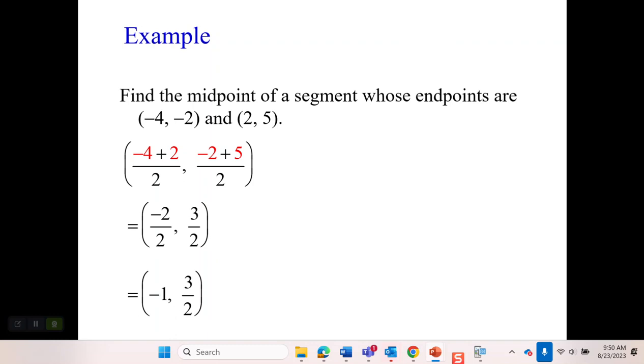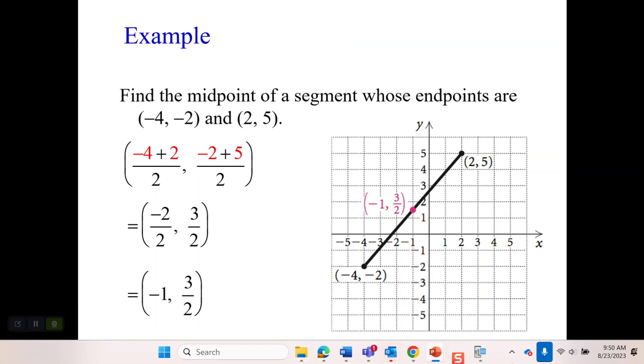Okay. All right, so sometimes people ask why we need to find a distance and why we need to find a midpoint. If you look at this one right here, this is -2, -4, and -2, which is in Q3, the third quadrant, okay? And this one, both x and y are positive, so it's in the first quadrant.